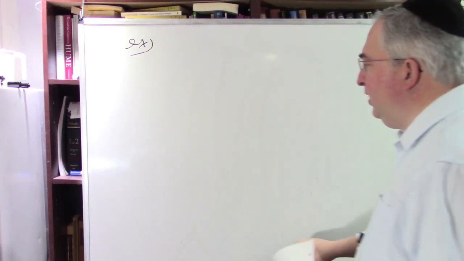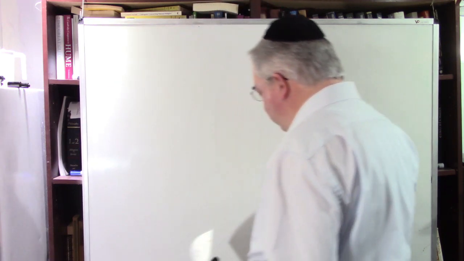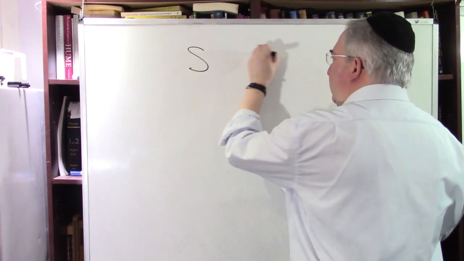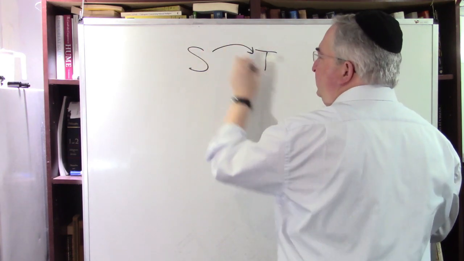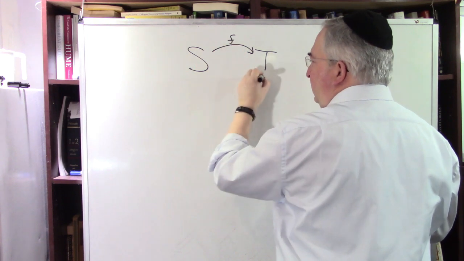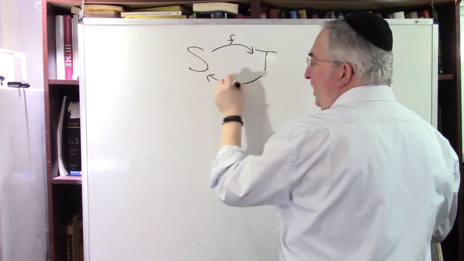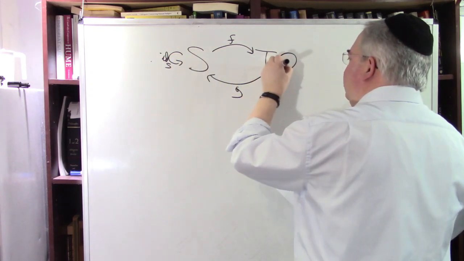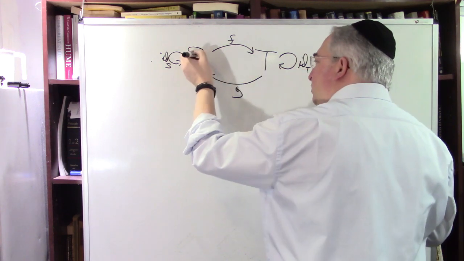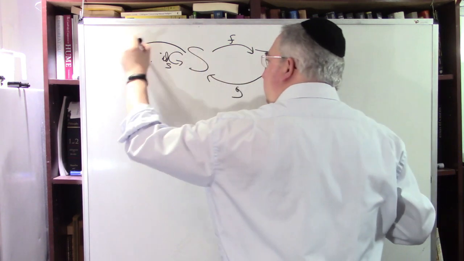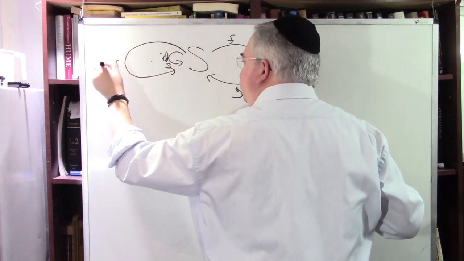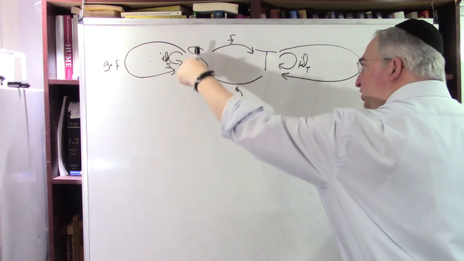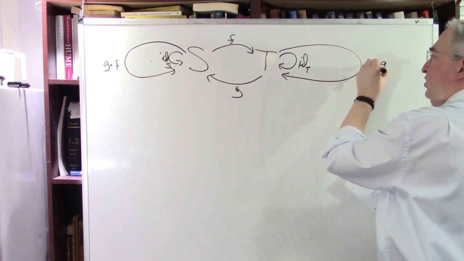Okay, great. Let's talk about isomorphisms. Let's remember what an isomorphism of sets is. We saw this picture before, but let's do it again. An isomorphism of sets is a function f from S to T and a function g from T to S such that the identity on S and the identity on T are the compositions: g composed with f, and f composed with g.